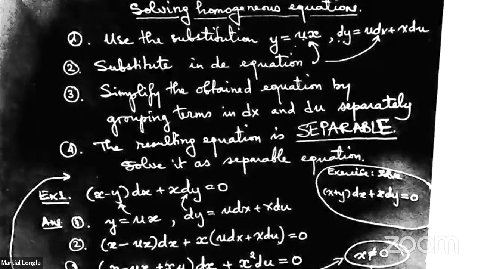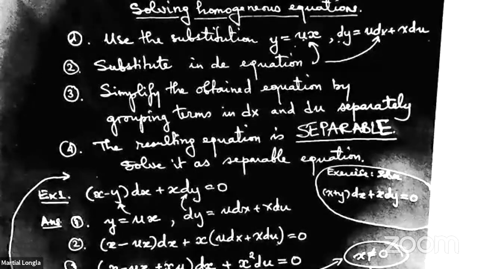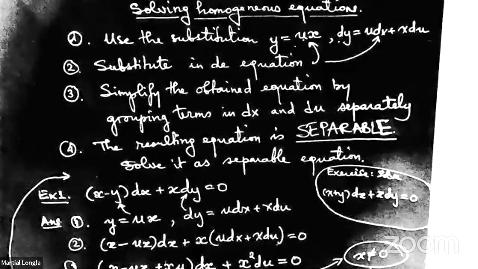Isn't this not homogeneous? It is homogeneous, and what you need is the steps in solving. I don't need you to show that it's homogeneous.